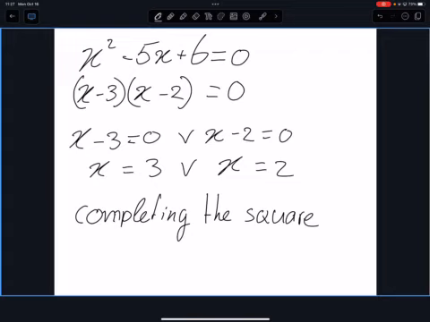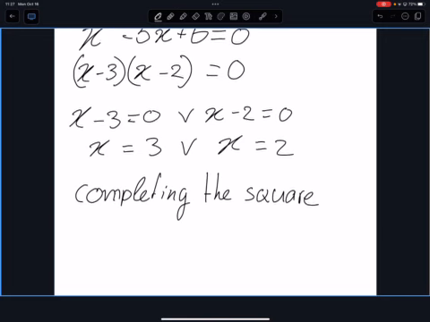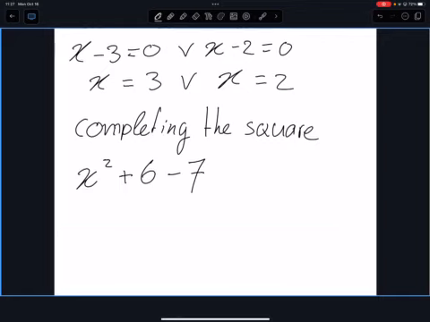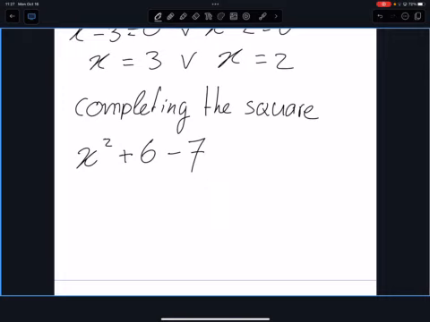I'm going to complete the square with another equation, an easier one, and then I'll come back to this one. I'll do an easier one, then I'll come back to this one. Yes? All right.